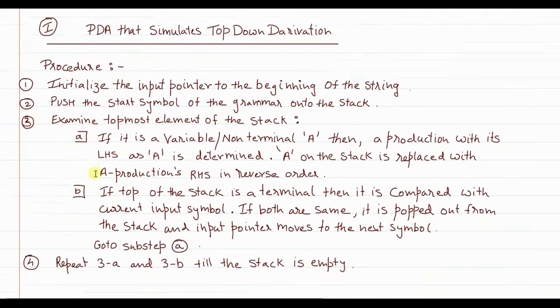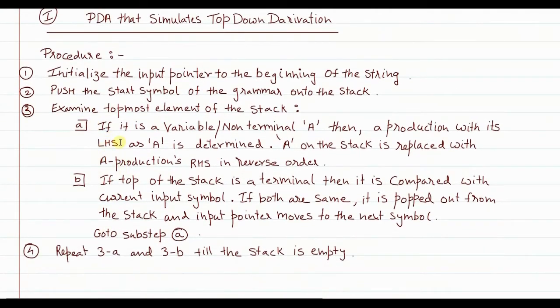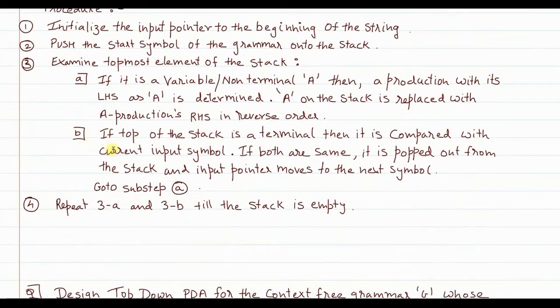Again you check what is on top of the stack. If the topmost element of the stack is a non-terminal, suppose I call that non-terminal capital X, then you find out whether there is an X production. Once the X production is found, you replace this X, the topmost element of the stack, with the right-hand side of the X production. Then again you check the content of the stack.